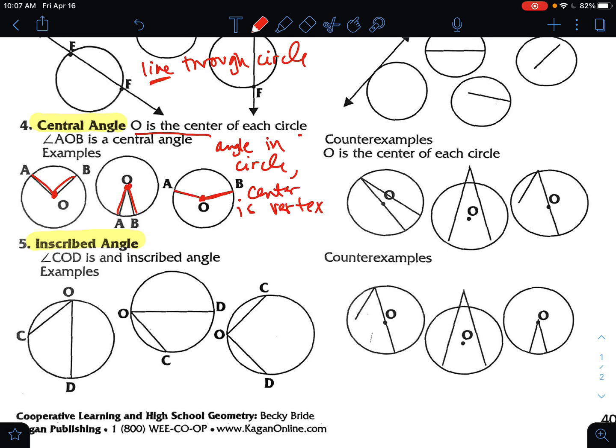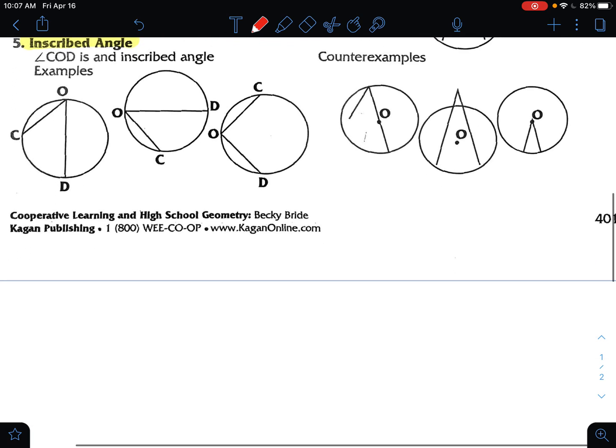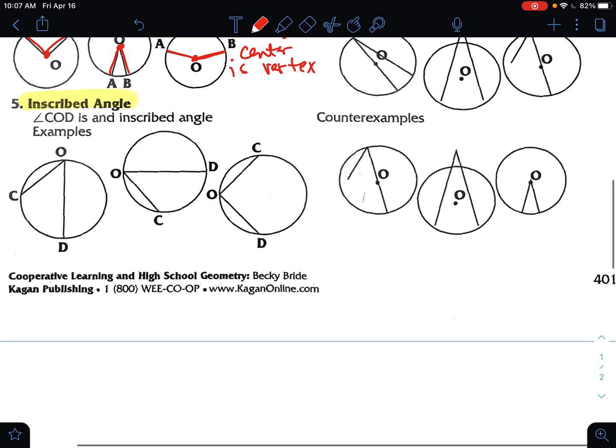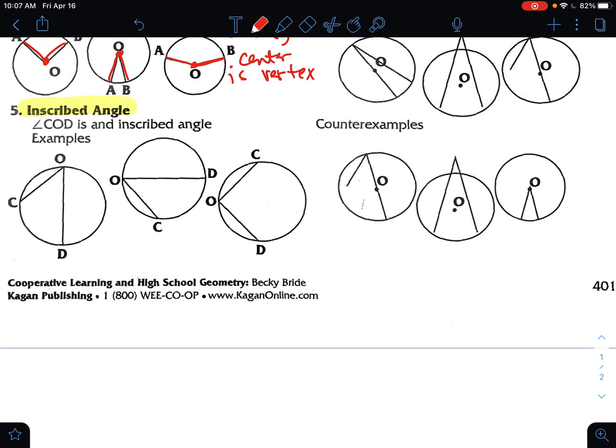All right, when you have central angle done, look at the inscribed angle, and I want you to come up with an informal definition. So pause the video. Okay, inscribed. I want you to look at the vertex. The vertex is on the edge of the circle, on the circle, on the circle. With these vertices, this one's going outside. This is a central angle that we just talked about.